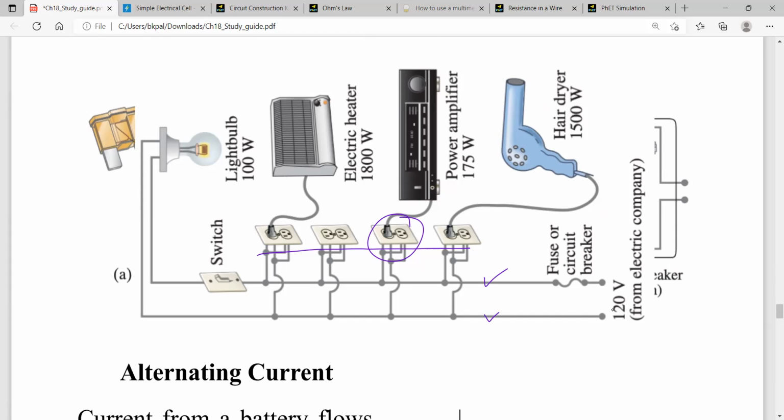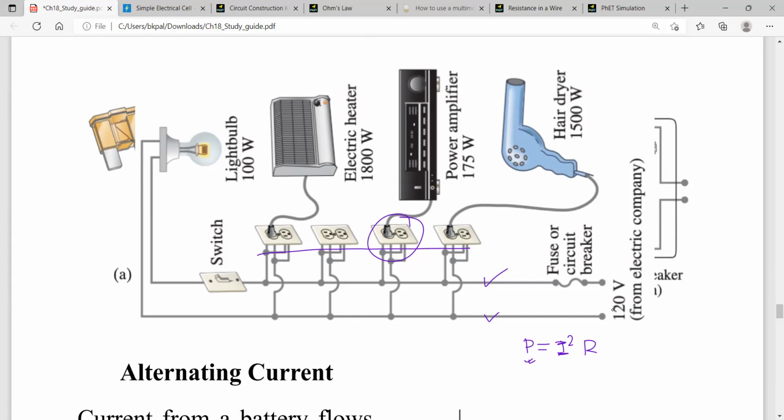When there is more current, the power will be high, and this power could cause high heat, and high heat could cause fires in the household. So there is some limit.